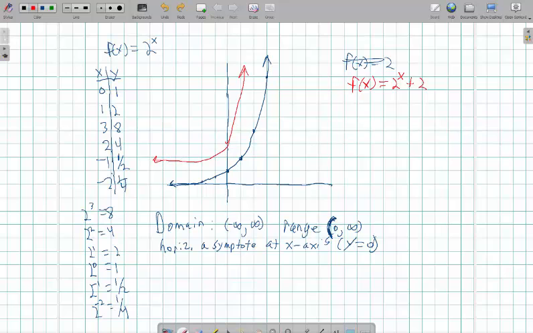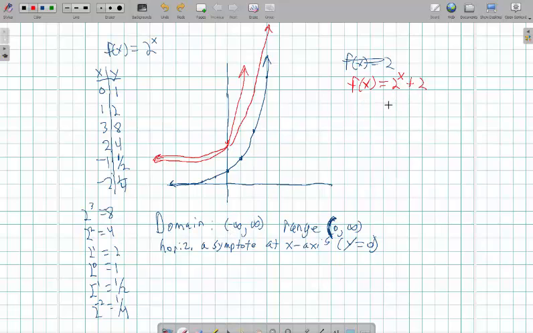I graphed it a little bit off. It would have been actually more up here. But you get the idea. It's just the same function, just shifted up by 2.